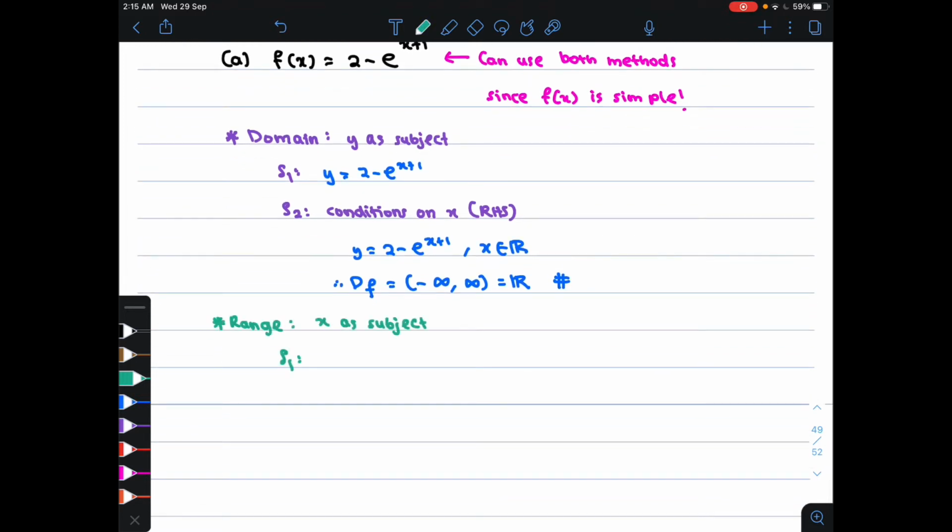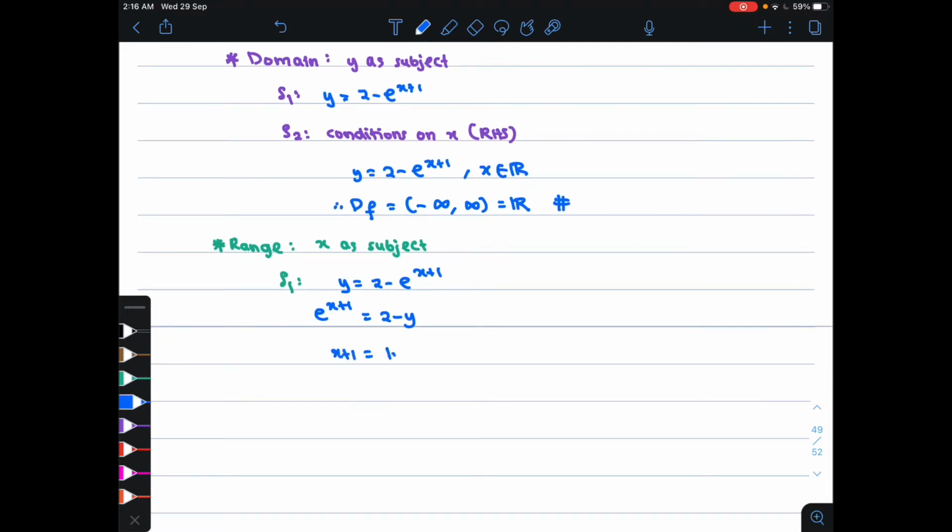To find range, we need x as subject. So, rearrange y to get x only. And x is ln(2 minus y) minus 1. And now we need to find the conditions on y in the right hand side.